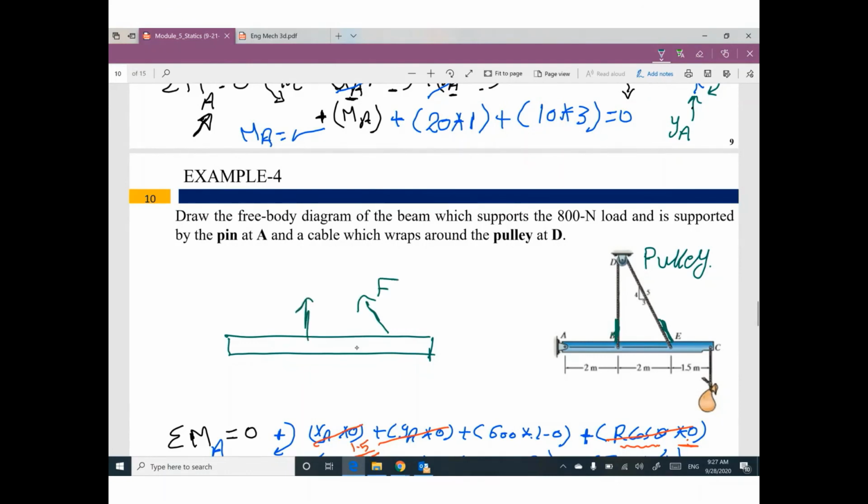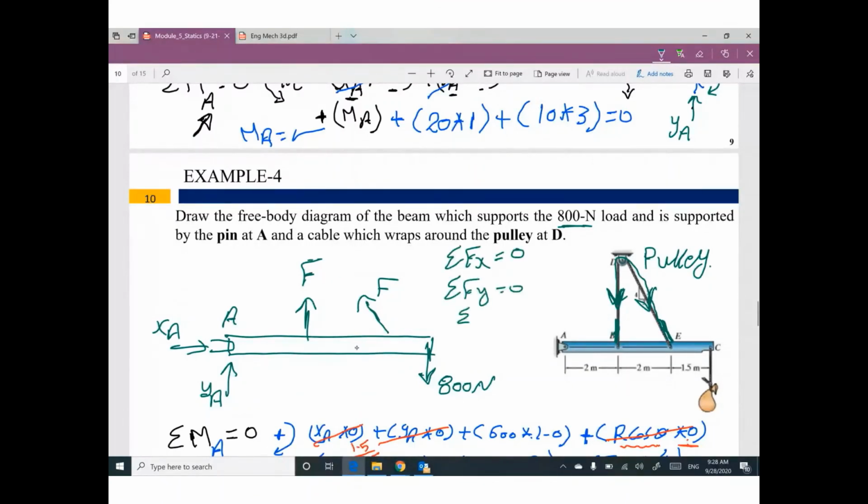Why? Because it is the same cable going around this pulley, so the force on this side will be the same as on this side. And we have a hinge here at A, so we have two reactions, XA and YA. We have a vertical force here, how much? 800 newtons. So I can apply summation Fx equals 0, summation Fy equals 0, and summation of moments at any point, I'm going to select A, equals 0, so I can figure out the values of YA, XA, and F, both of them the same.